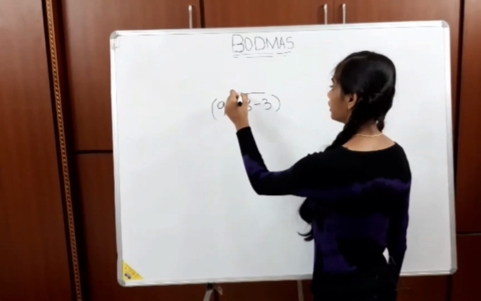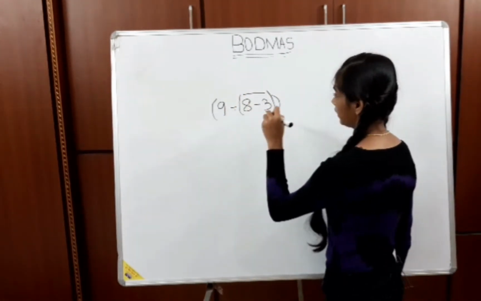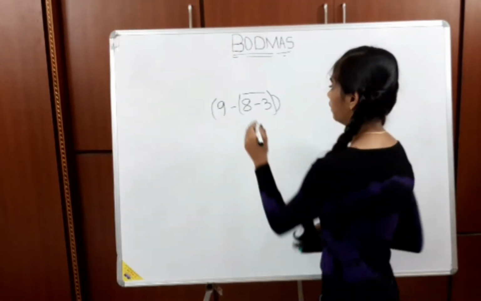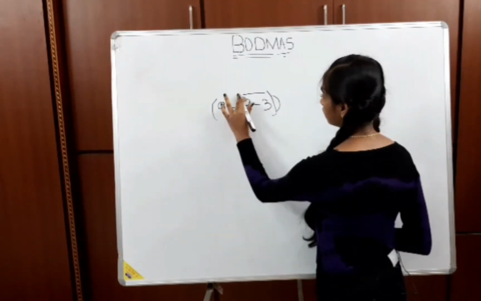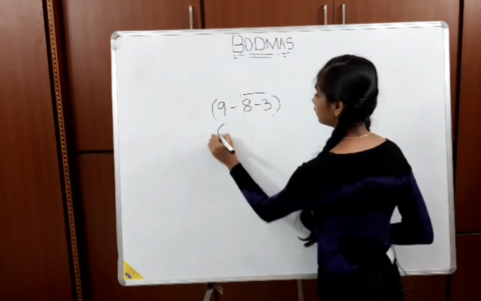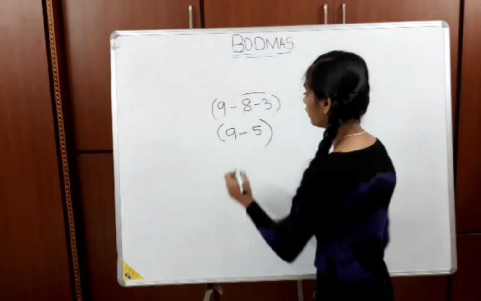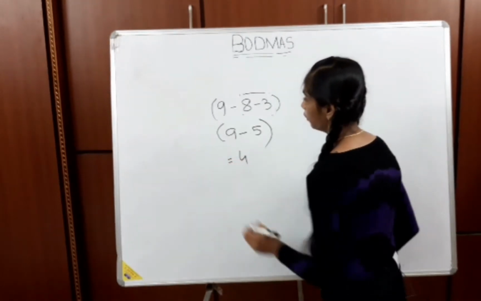But if there is a vinculum, this is called another bracket. Instead of keeping another bracket, they kept a vinculum. So 8 minus 3 is 5, that's 9 minus 5. So 9 minus 5 is 4. The answer is 4.